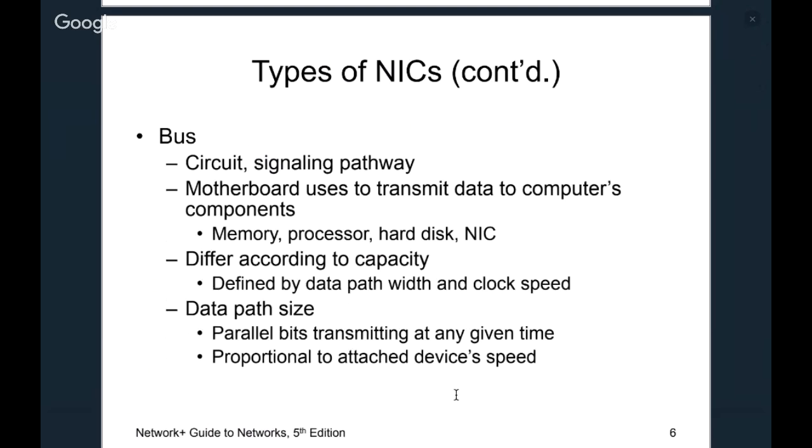On the bus flows such things as memory, processor, hard disk, NIC, your sound, your video, all follows upon the bus of the motherboard. It differs on that bus according to the capacity of the clock speed of that motherboard and specifically the processor chip. And it falls on what's called data path size.